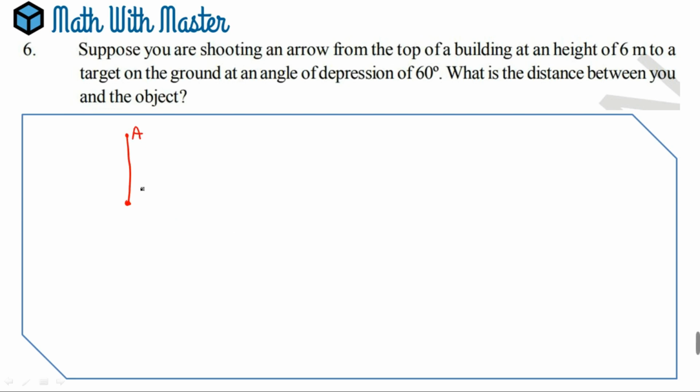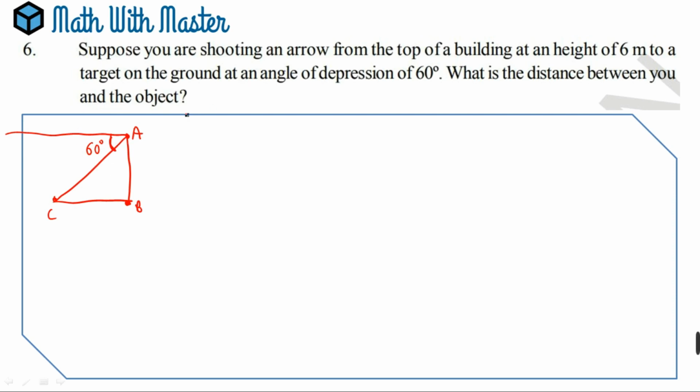Let's say AB is the building. We are here at point A, and for the angle of depression we should draw a horizontal line here, and from here to where the target is at point C, this angle is 60 degrees.